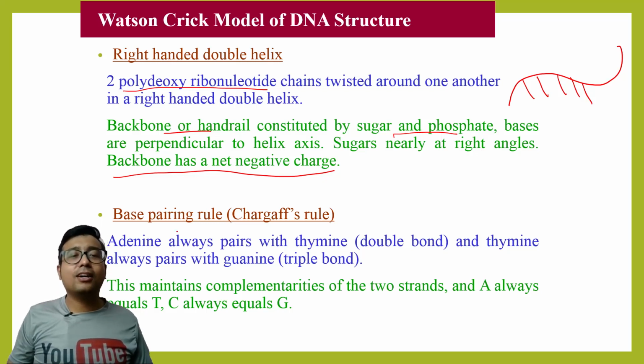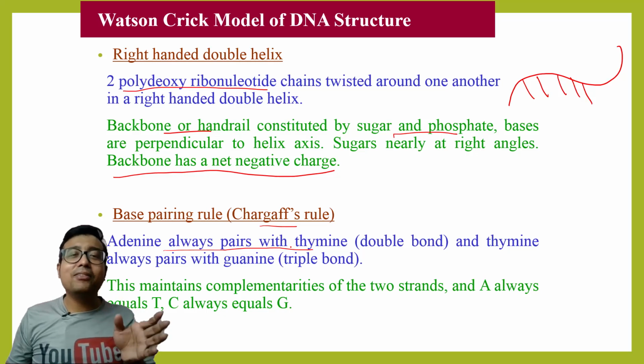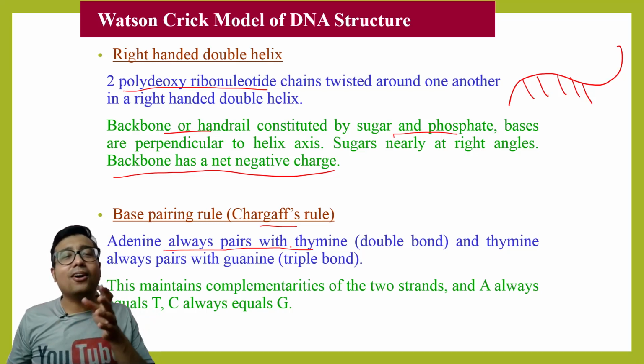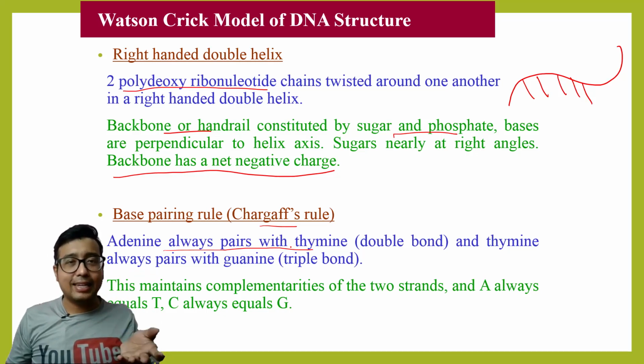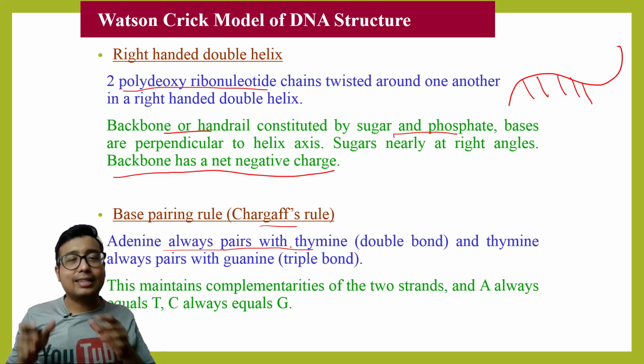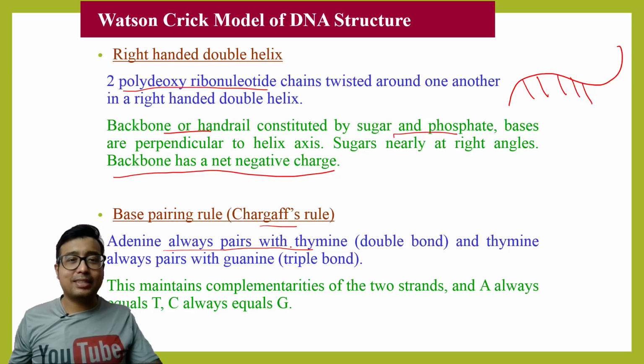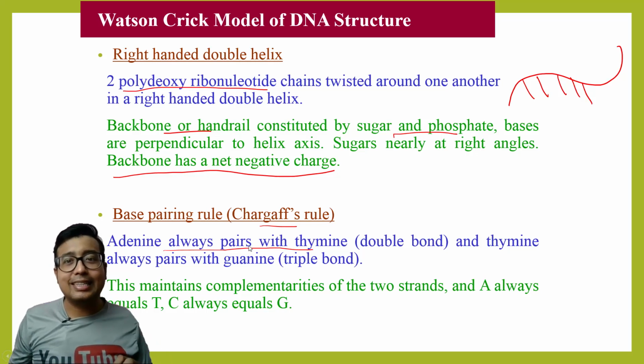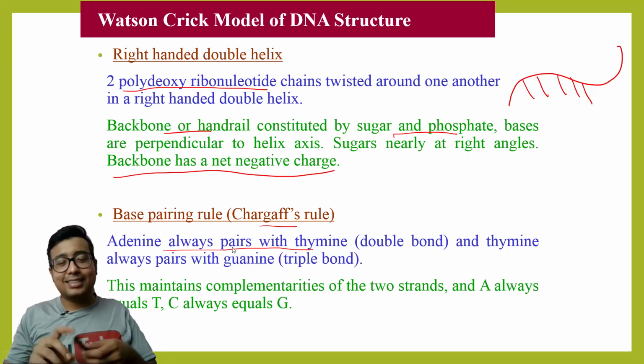Now you already know Chargaff's rule. Chargaff's rule says adenine pairs with thymine and guanine pairs with cytosine. So A will always pair with T and T will always pair with A, double bond. I think something wrong is written in this slide.